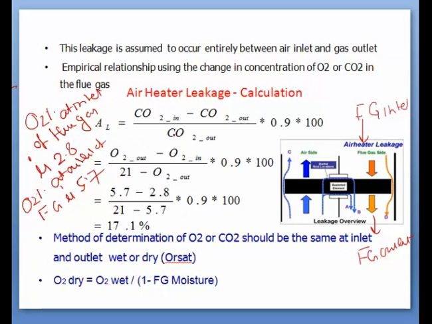So by this empirical formula, definitely the percentage of oxygen at outlet will be more because air is short circuiting and directly going to the flue gas, or it is mixing with the flue gas. So by this relation, you will see that 5.7 minus 2.8 divided by 21 minus 5.7 into 0.9 into 100 will give you the air leakage percentage as 70.1%.